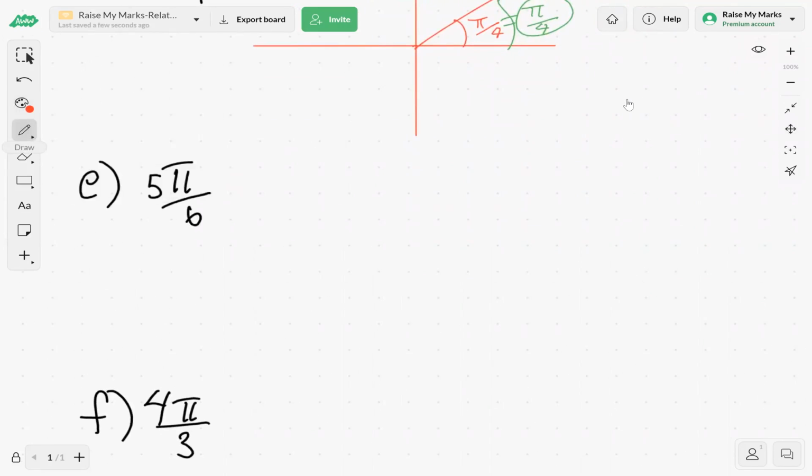5 pi over 6. All right, let's figure out what quadrant that's in. Again, let's graph. Okay. All right, so 5 pi over 6. Okay. So pi would be 6 pi over 6. So it looks like we're probably in the second quadrant.